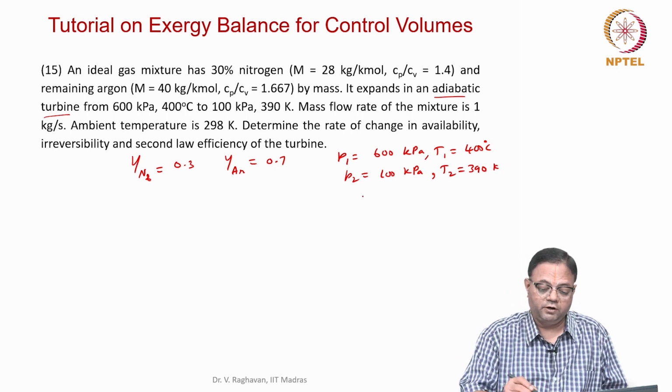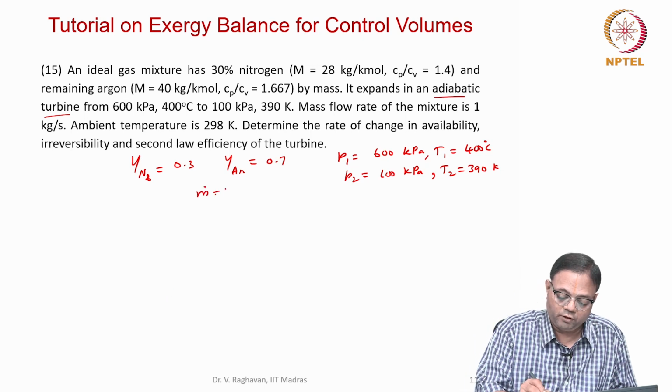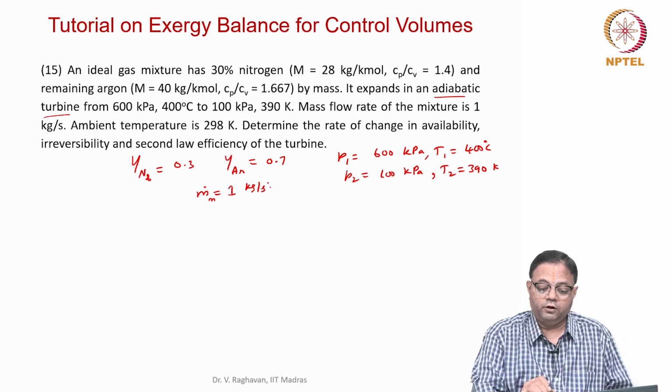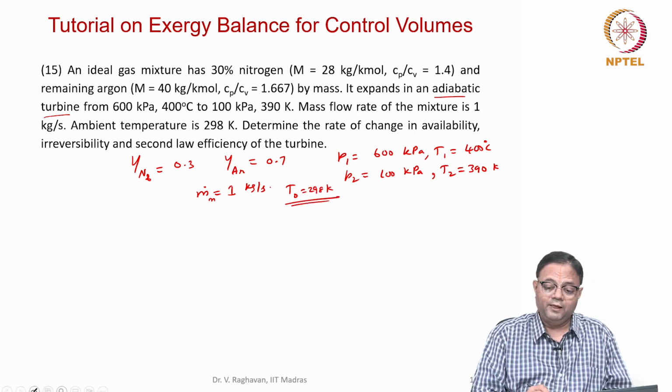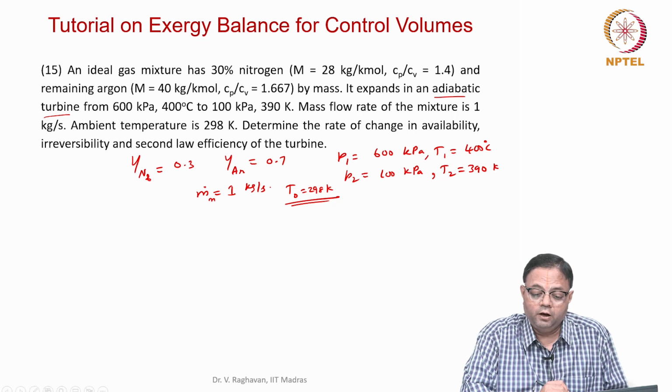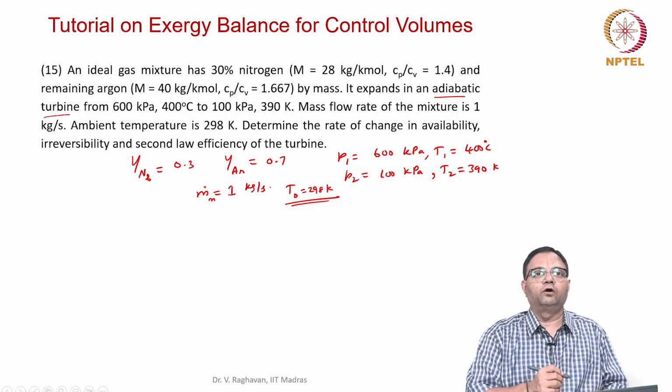Mass flow rate of the mixture is 1 kg per second, that is m dot equal to 1. Ambient temperature T naught equal to 298 Kelvin. These are the given data. Determine the rate of change in availability, then irreversibility and the second law efficiency.